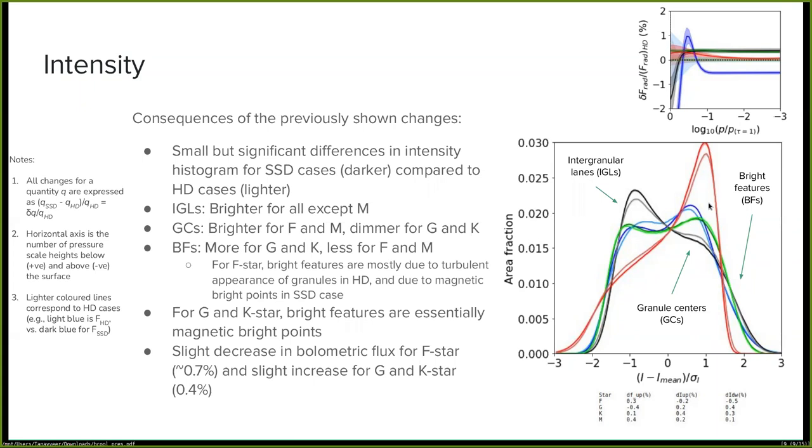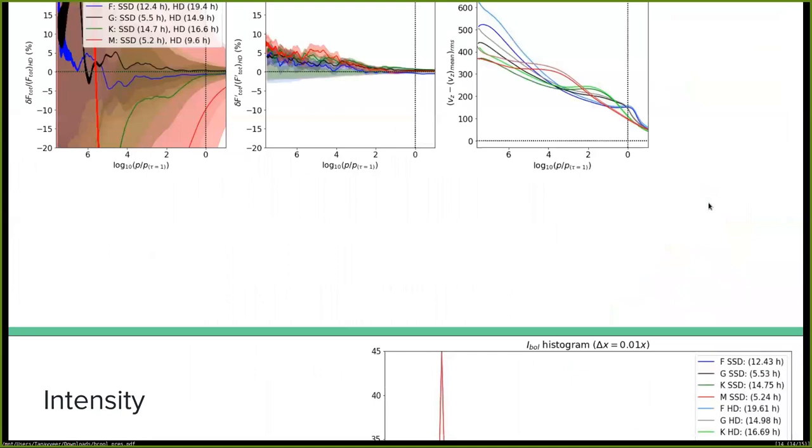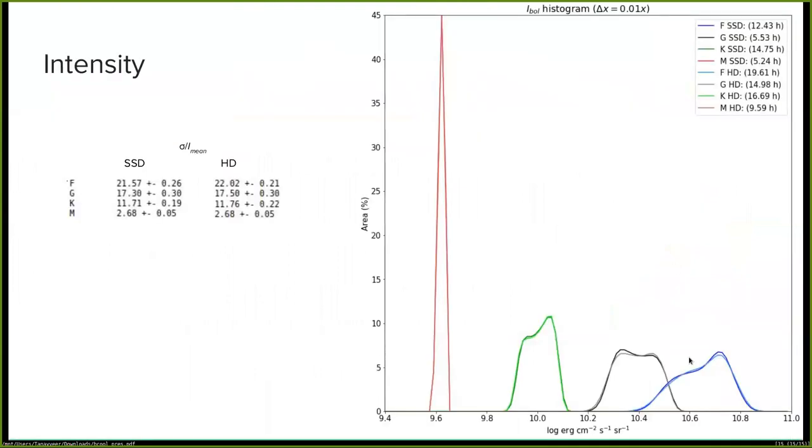The reason I'm doing this is because if I don't, the contrast in the S star is much higher compared to an M star, almost 2 orders of magnitude higher. So it really becomes difficult to tell what's going on in terms of differences between the small scale dynamo and the hydrodynamic case.